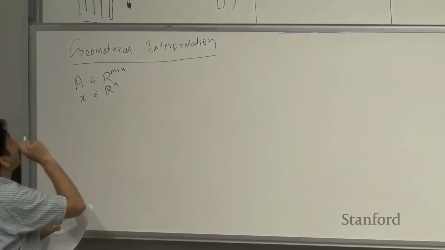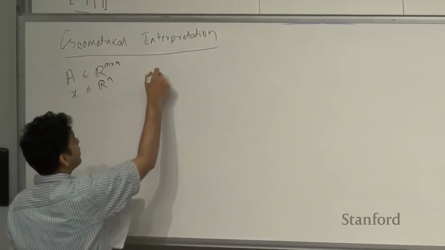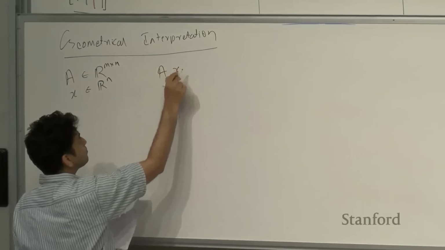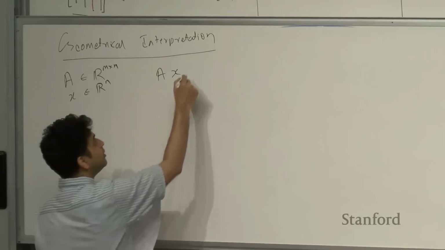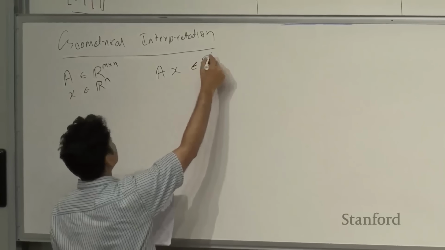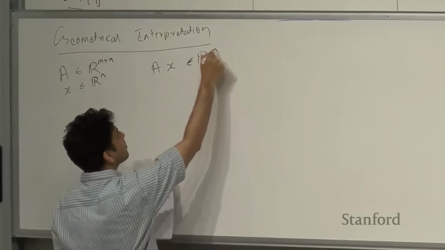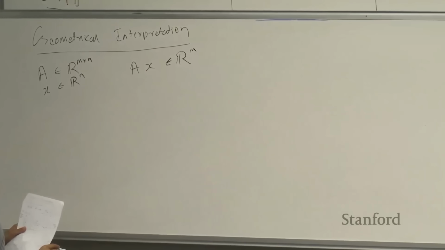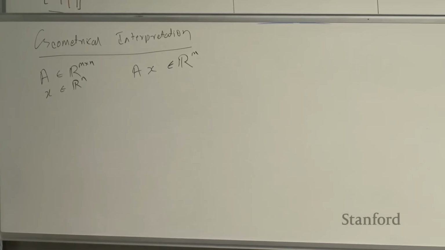Now, when you do a matrix vector multiplication, you get something called Ax, right? And this is in R^m. One way to think of Ax is through the row interpretation or column interpretation, right?